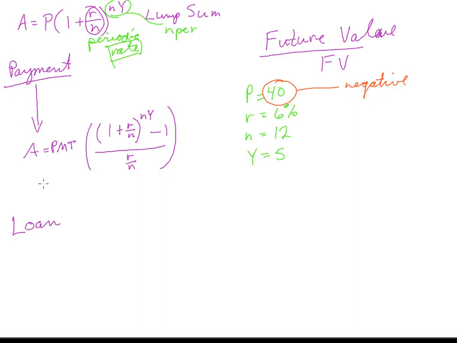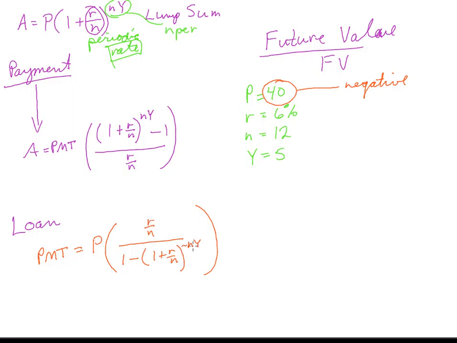Let's put this in red. The payment you must make on a loan, it starts off with your principal value. Wow, and there's your periodic interest rate, and you'll see the number of periods.